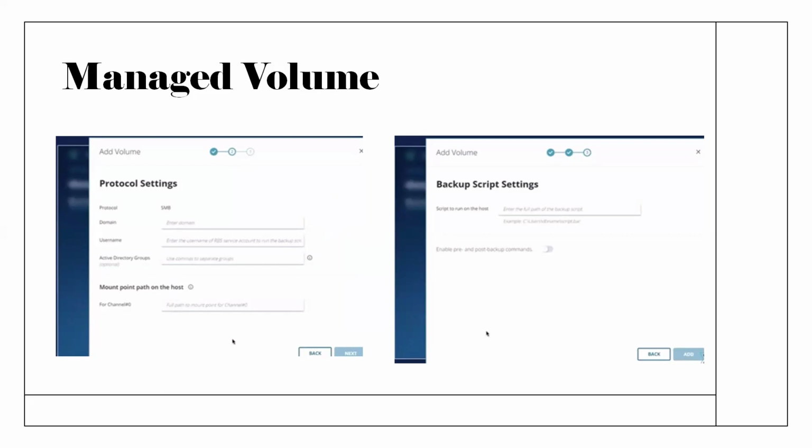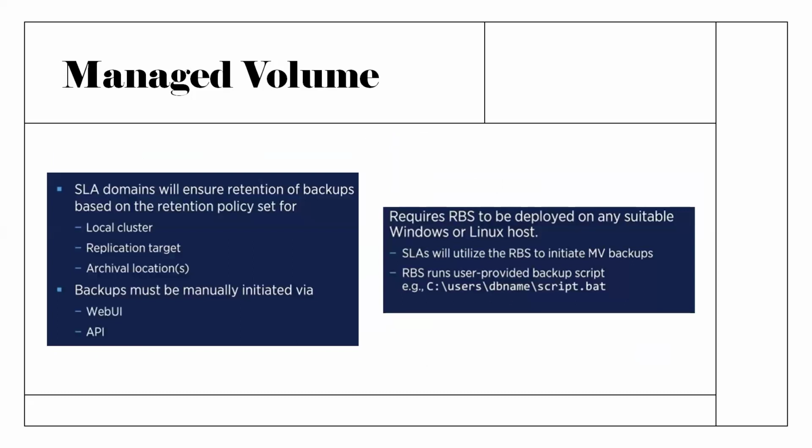As we know how to create an SLA domain, the same SLA domain we can use here. The SLA domain will contain the local cluster, replication, archival locations, retention period, backup times, everything. In managed volumes, backup must be triggered manually from the web GUI or API.